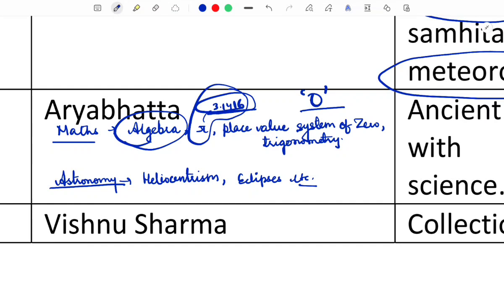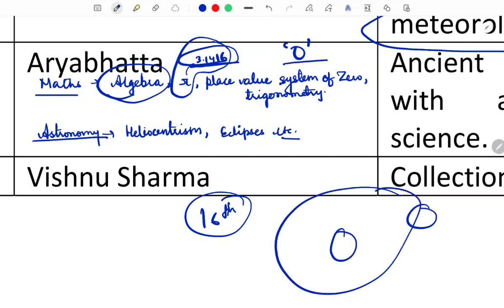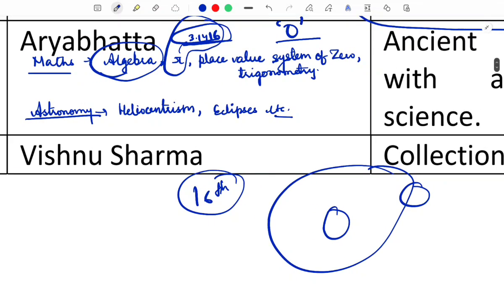You will see that most of the people in the 15th and 16th century were thinking that the sun actually revolves around the earth. This is called geocentrism. But around 1500 years ago, Aryabhat said that this is not correct.